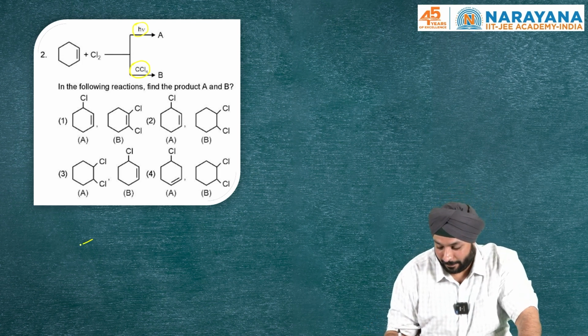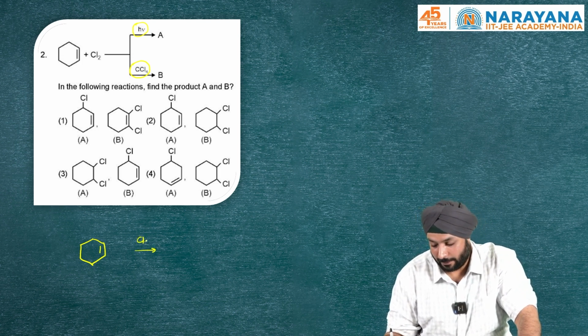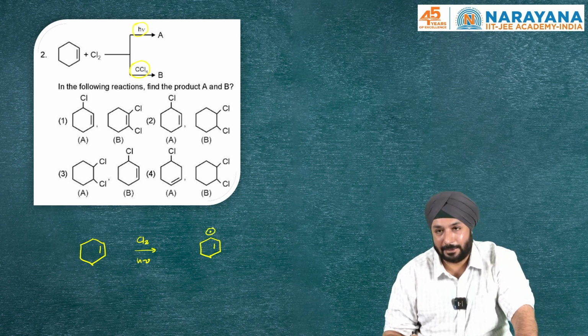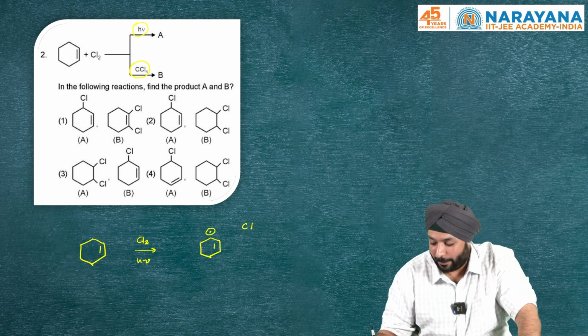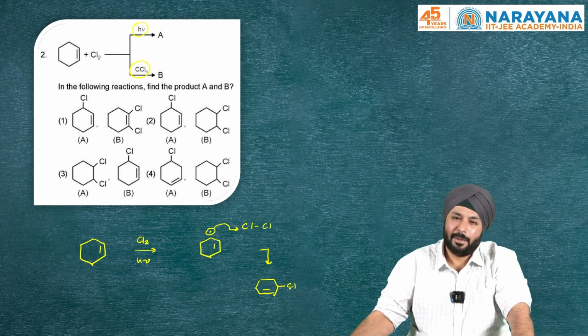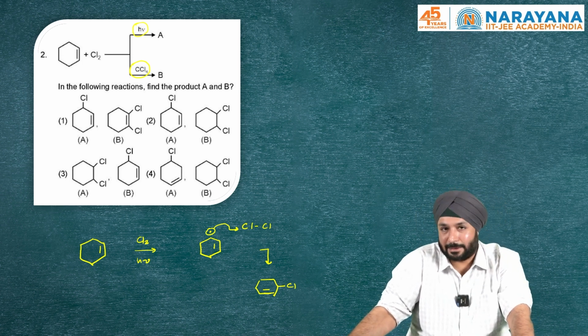In the presence of hν, first it results in the formation of a more stable free radical, and this free radical will collide with the chlorine molecule, resulting in the allylic substitution of halogen, that is chlorine, on the cyclohexene. This is a standard example of free radical substitution.